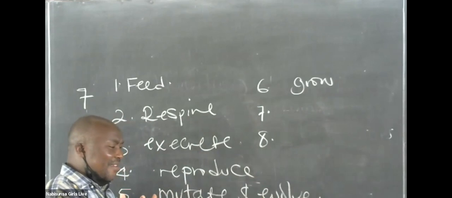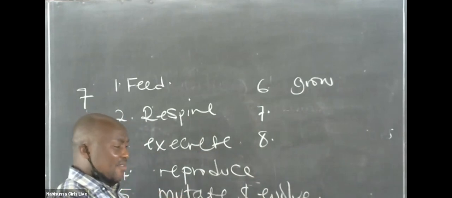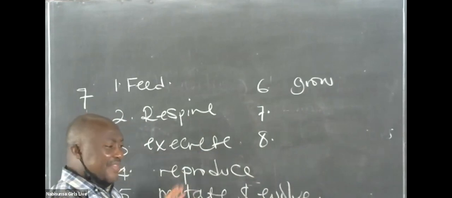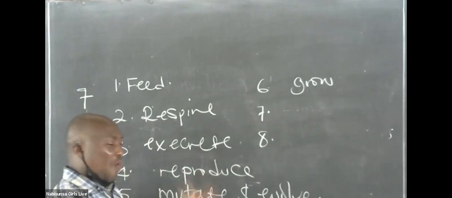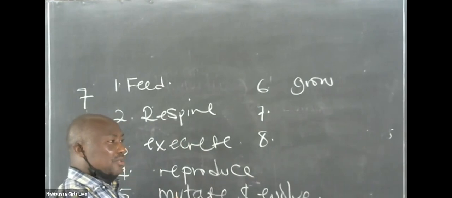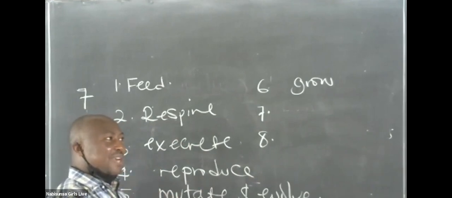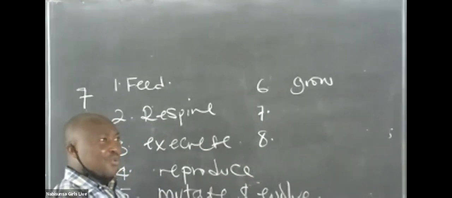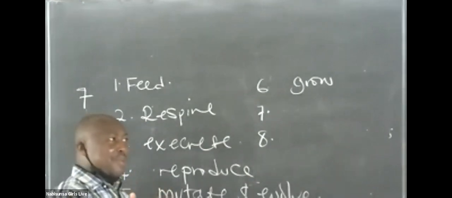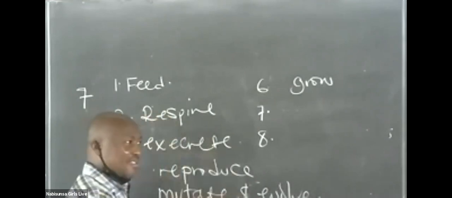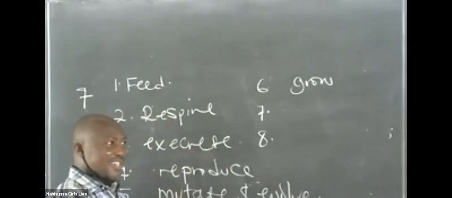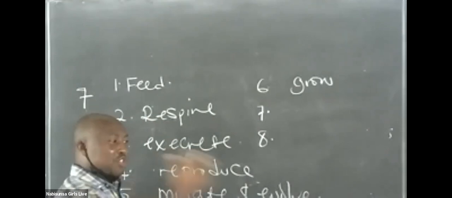But again, you can see that some organisms in life cannot move. They are stationary. They are in one position. Meaning that locomotion does not apply to all. But sometimes when we look at them critically, you can see that maybe part of the organism is moving, not moving from one point to another.